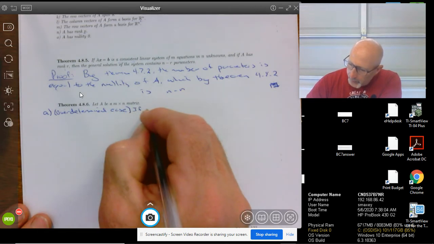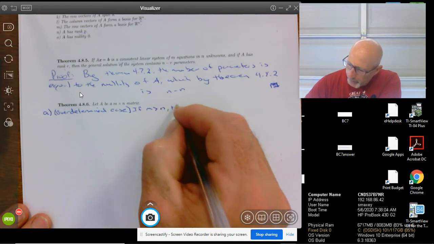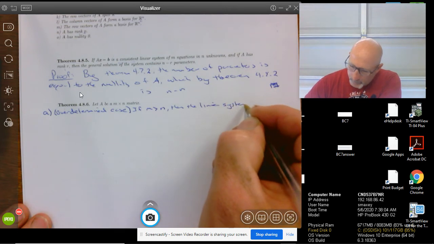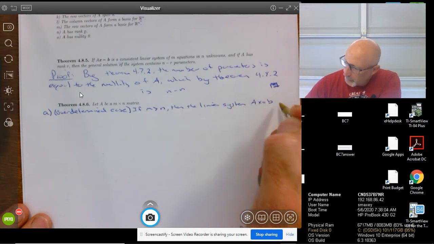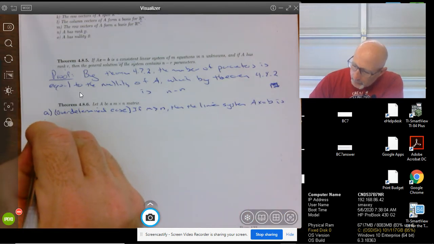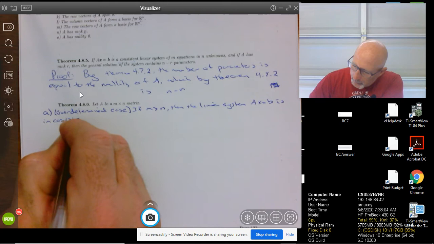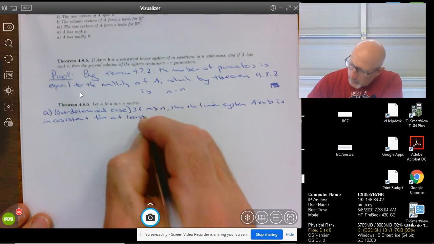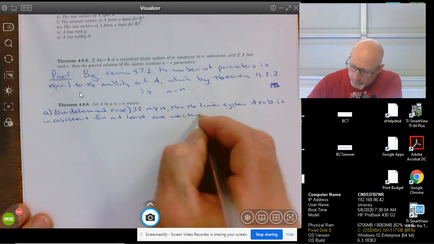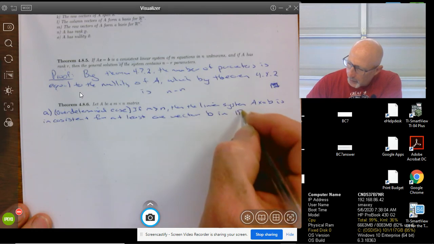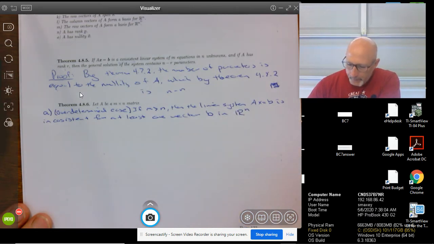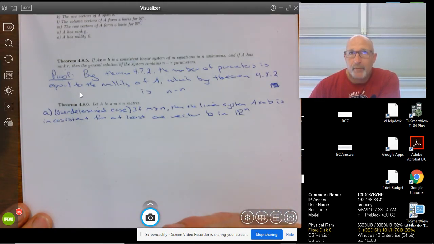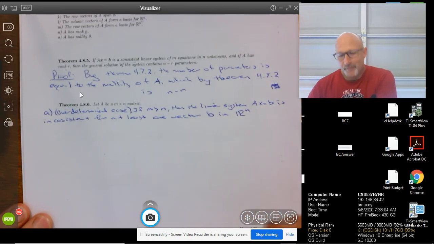Okay, so if m is greater than n, then the linear system Ax is equal to b is inconsistent for at least one vector b in Rm. Okay? So we have more rows than we have columns. Okay, that means we have more equations than we actually have variables.